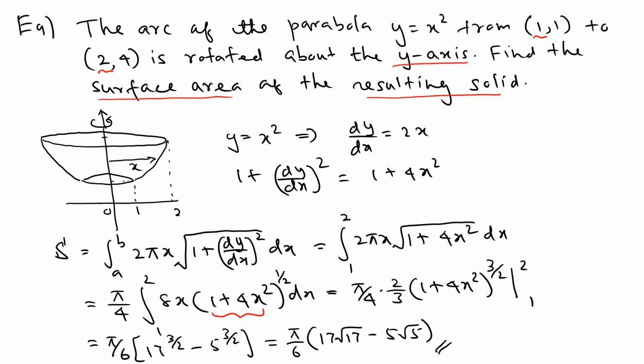So this is the end of the arc length and surface area problems, and those problems are very similar to problems like this. What you want to remember is you need to understand whether the derivative function is continuous. If the derivative with respect to x is continuous, then we can use the x formula. If the derivative is not continuous, we try the other one: we try dx over dy and see whether that is continuous.